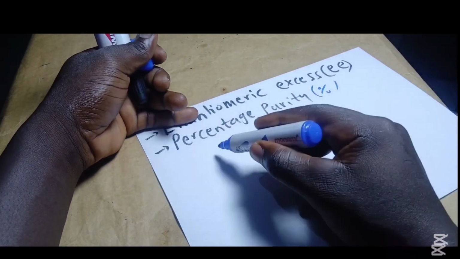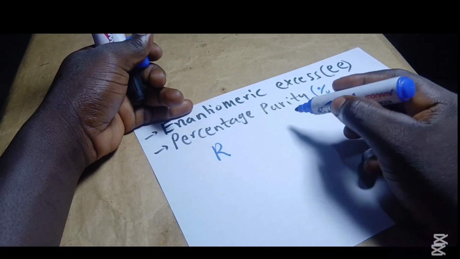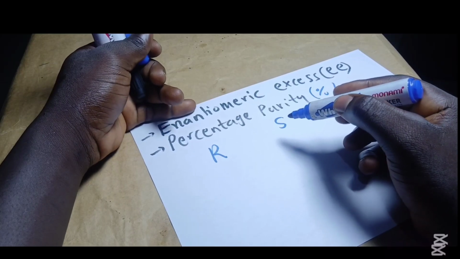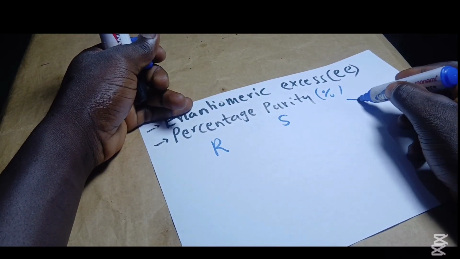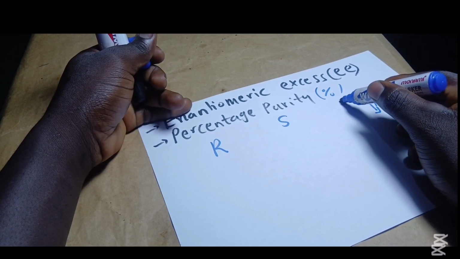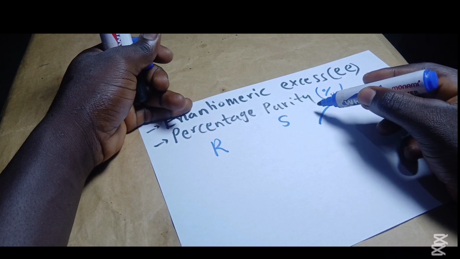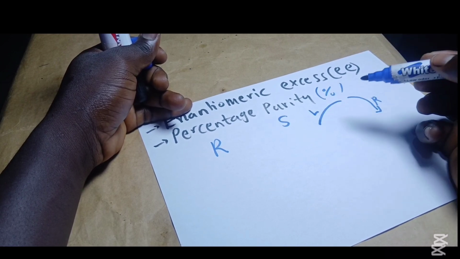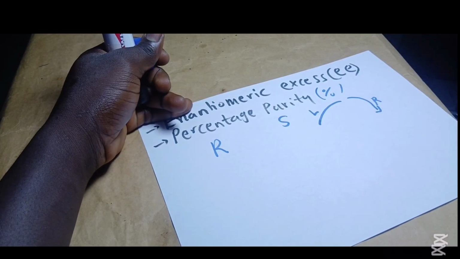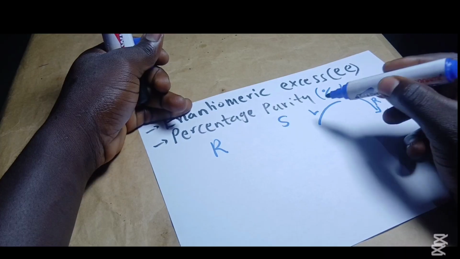In an optically active solution, if I have R and S enantiomers, let's say the S enantiomer is turning the polarized light to the right, the R enantiomer would be turning the polarized light to the left, right? As one is turning it dextrorotatory, the other is turning it levorotatory.